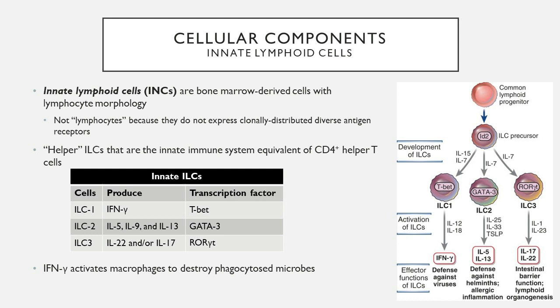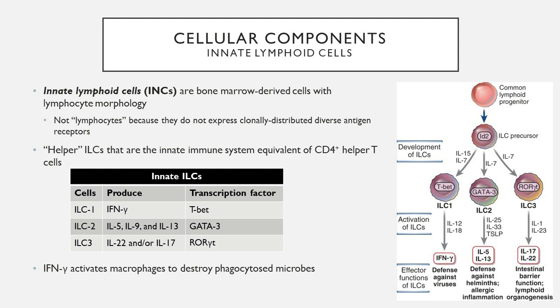Now, there are 3 subtypes of ILCs, appropriately named ILC1, 2, and 3. ILC1 is a major producer of IFN gamma, which is a potent defense against viruses. ILC2 produces IL-5, 9, and 13, which are used against helminths and allergic inflammation. And then ILC3 produces IL-22 and IL-17, which is used primarily in intestinal barrier functions.